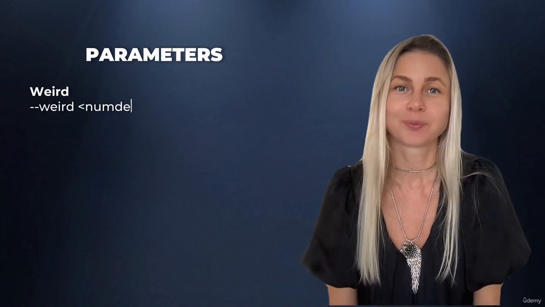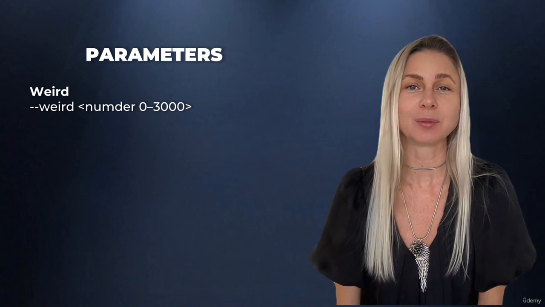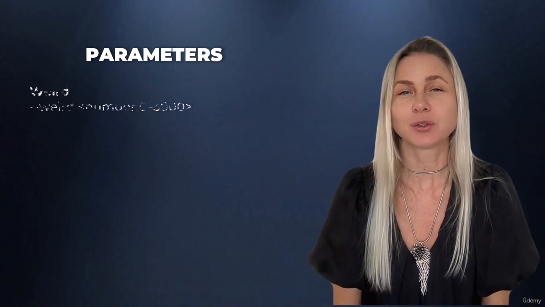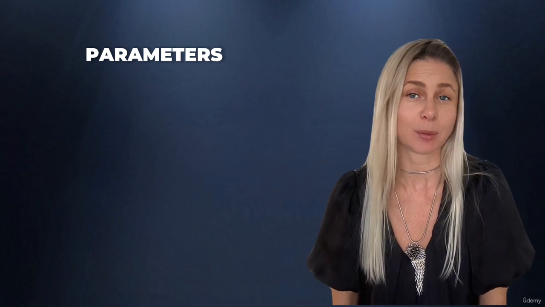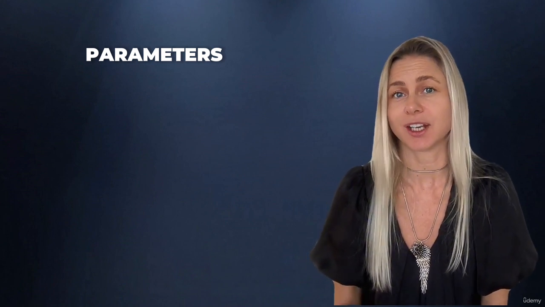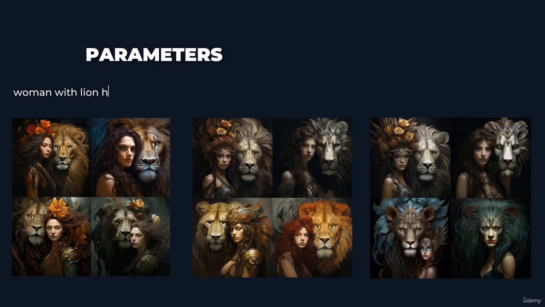Weird. The weird parameter in Midjourney allows you to explore unusual aesthetics and subjects in the generated images. By specifying a number between 0 and 3000 with the weird parameter, you can adjust the level of weirdness in the generated outputs. It is important to note that the weird parameter is different from the chaos parameter.